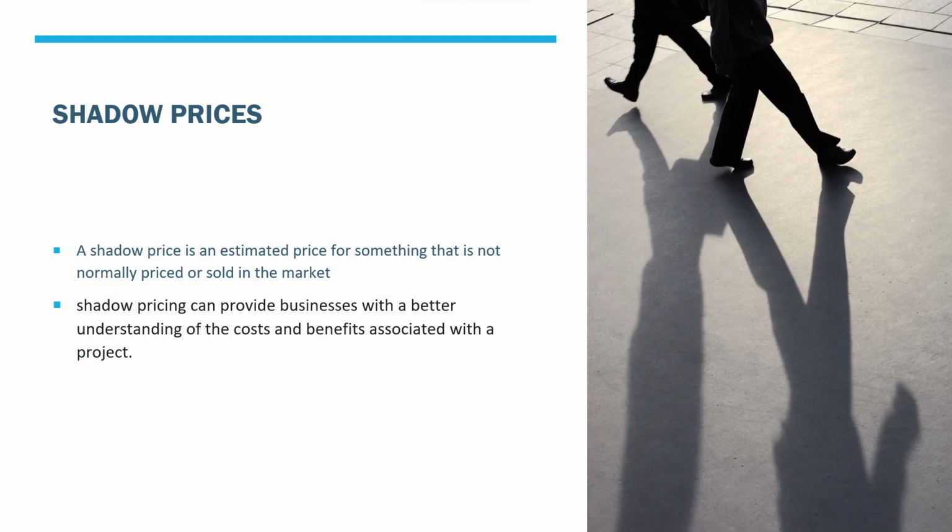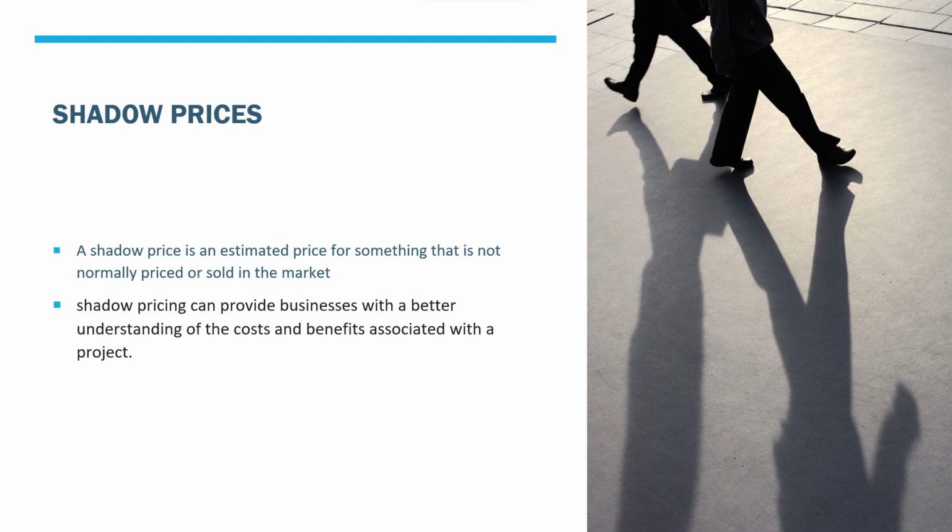Option D, shadow prices. A shadow price is an estimated price for something that is not normally priced or sold in the market. In the business world, companies may use shadow prices to transfer goods produced by one division to another division to determine whether it is feasible to produce internally or buy it from an outside source.